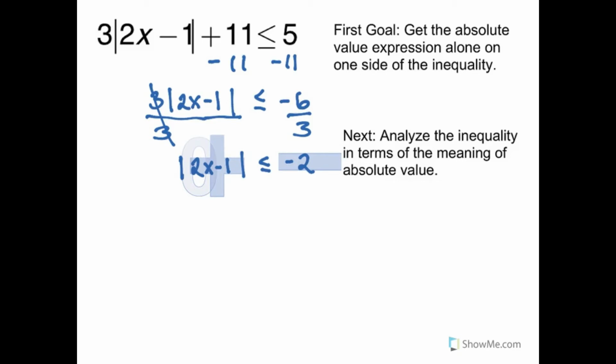Well, that's just silly. It's impossible. A positive number is never less than a negative number. 0 is never less than a negative number. No matter what number we put for x, we're going to end up with a positive less than a negative, which is not true. So the solution for this is that there are no solutions, the empty set.